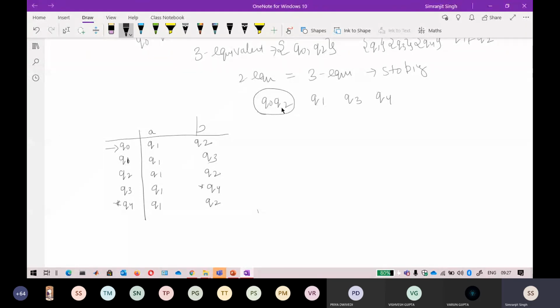Wherever there is Q2 written, I have to add Q0 to it. Okay, so here this is Q0, I am adding Q2 to it. Okay, again here it is Q2, I am adding Q0 to it. In the same way, this is Q2, so Q0 and Q2. Again Q0. But I think Q4 also belongs to the Q0 Q2 set.